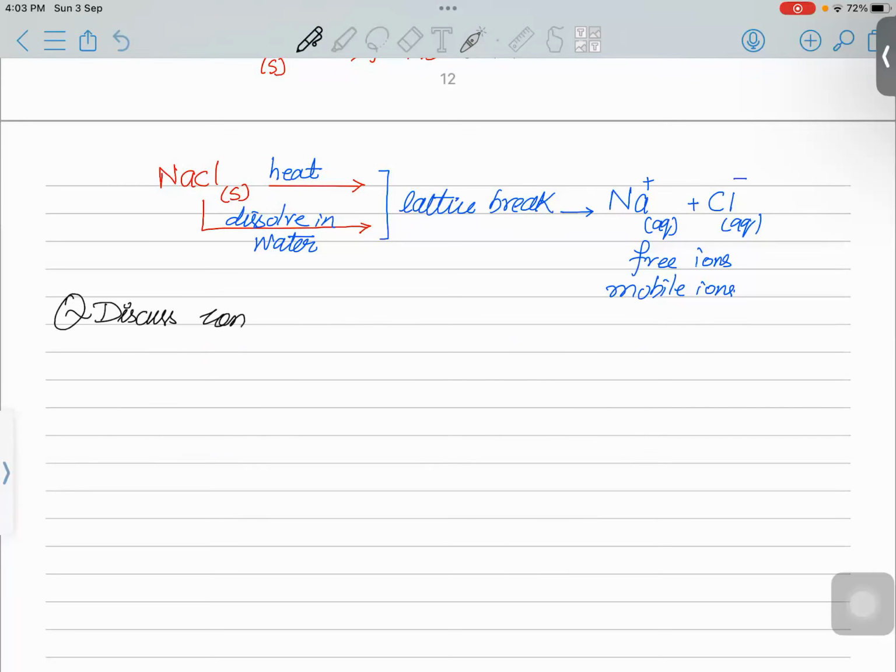Discuss conductivity of NaCl in CCl4. CCl4 is non-polar. Can you discuss the conductivity in non-polar?